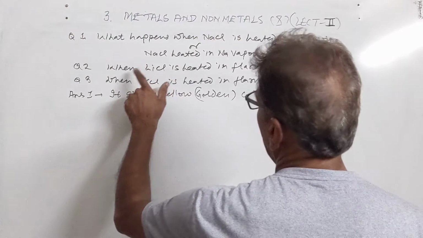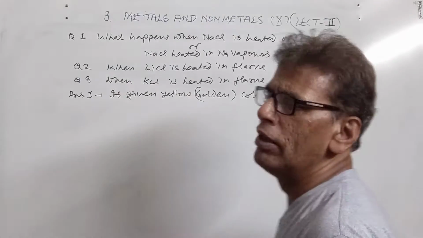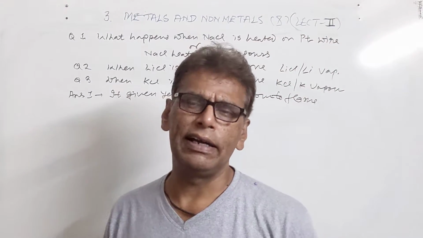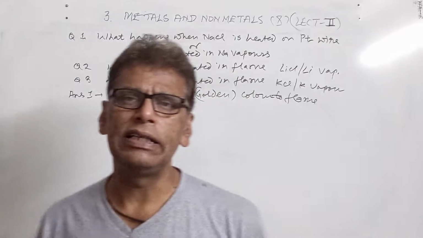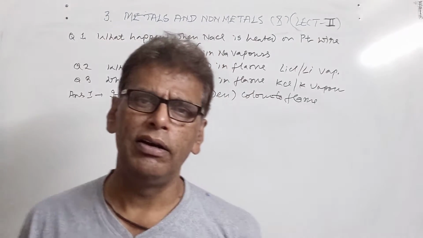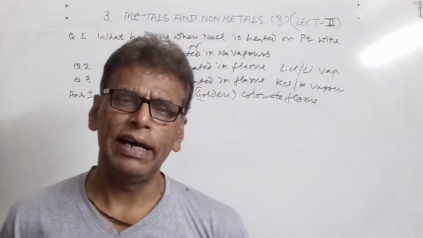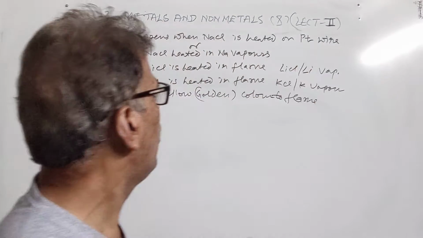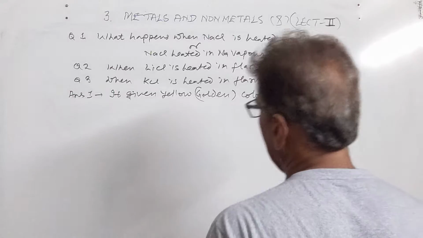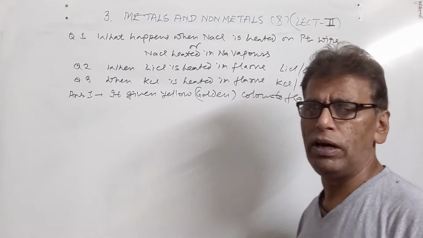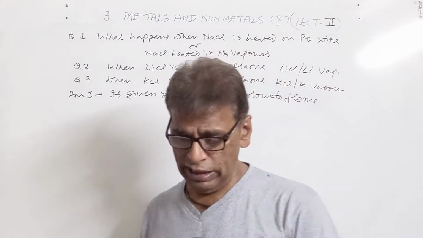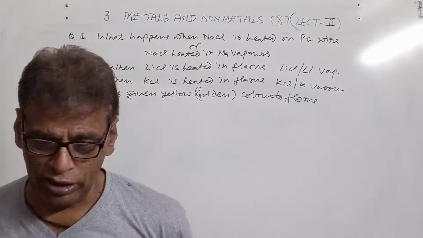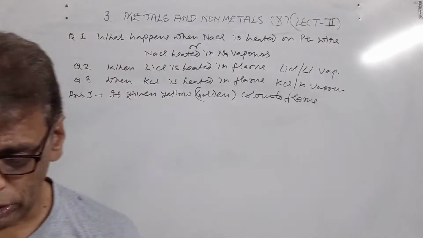Similarly, we have lithium chloride heated in the flame. The lithium electron is excited and absorbs energy, and it emits that color when it comes back, so it appears violet. Then we have KCl. When KCl is heated in potassium vapors or KCl salt is heated on platinum wire, it also gives color to the flame.